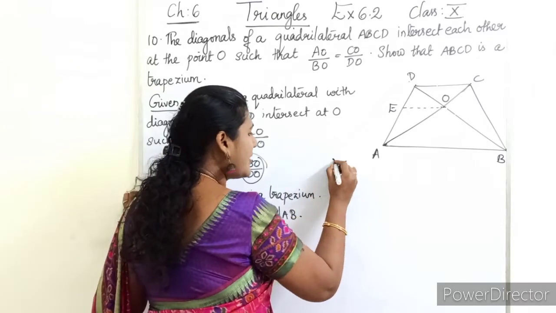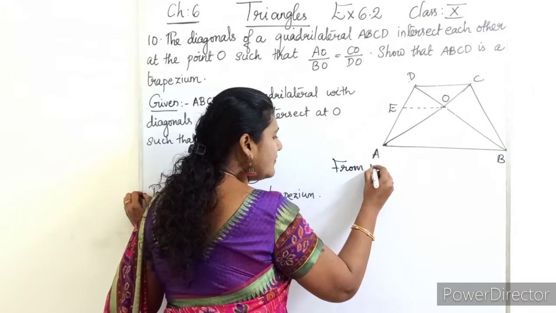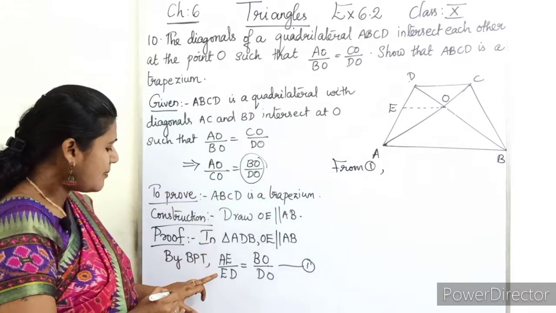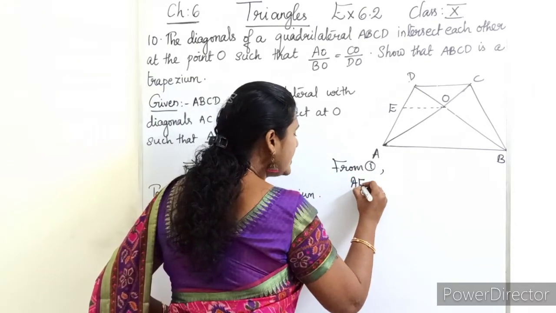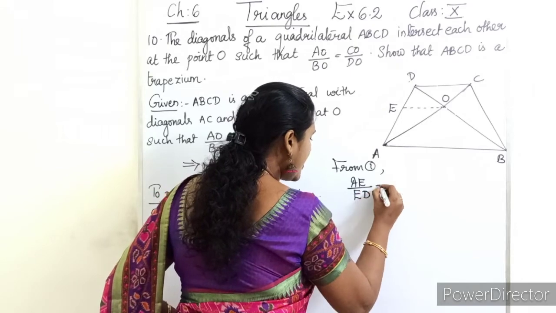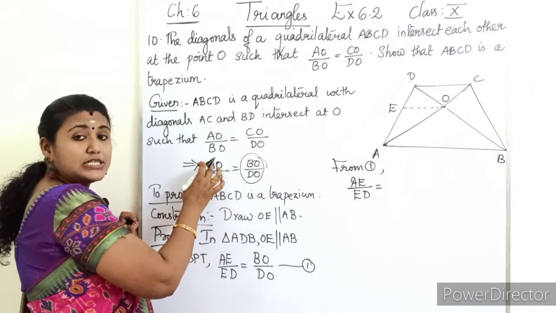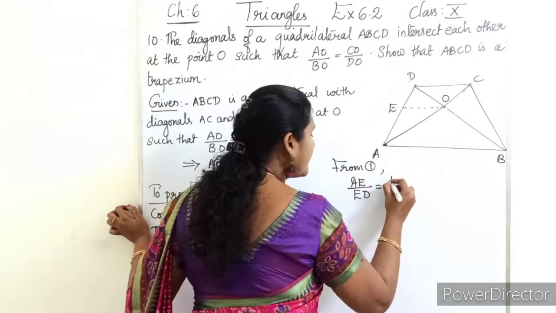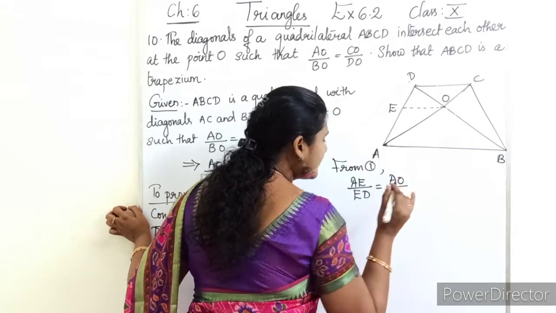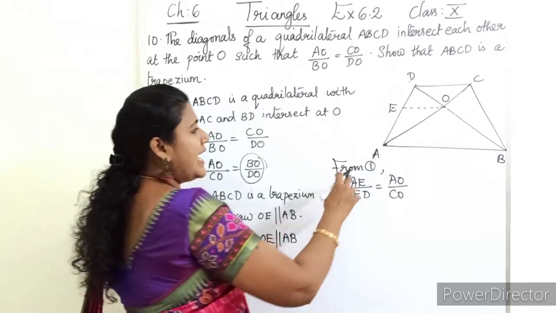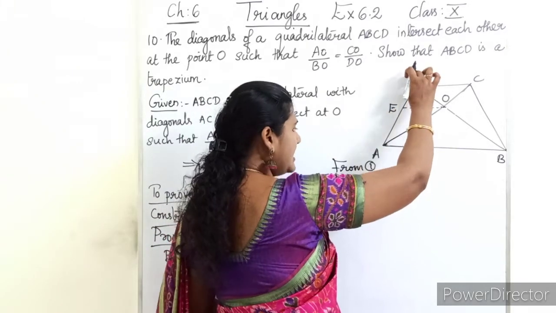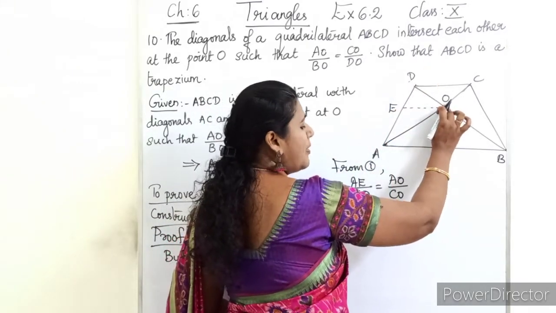From equation number 1, we can write AE by ED is equal to, instead of BO by DO, what we can write? AO by CO. Now you see here, AE by ED is equal to AO by CO.